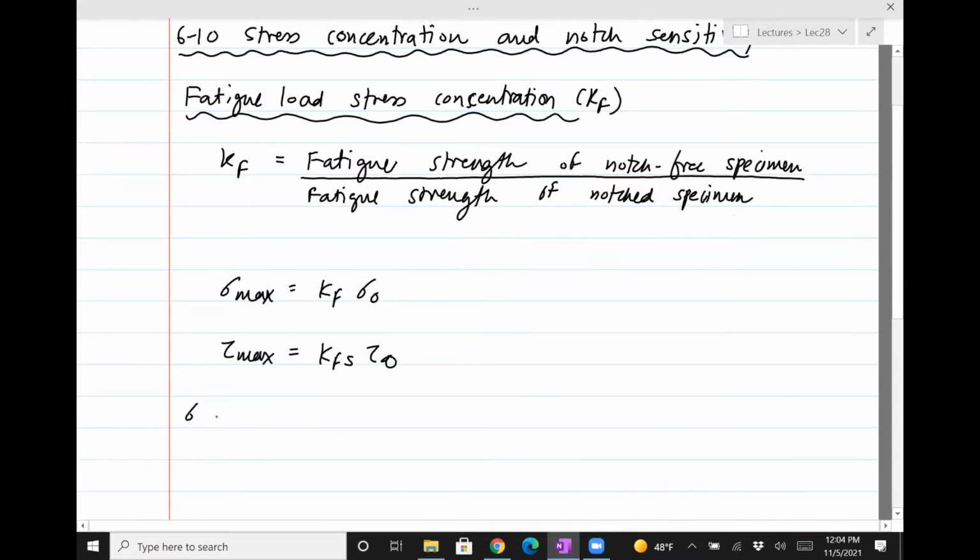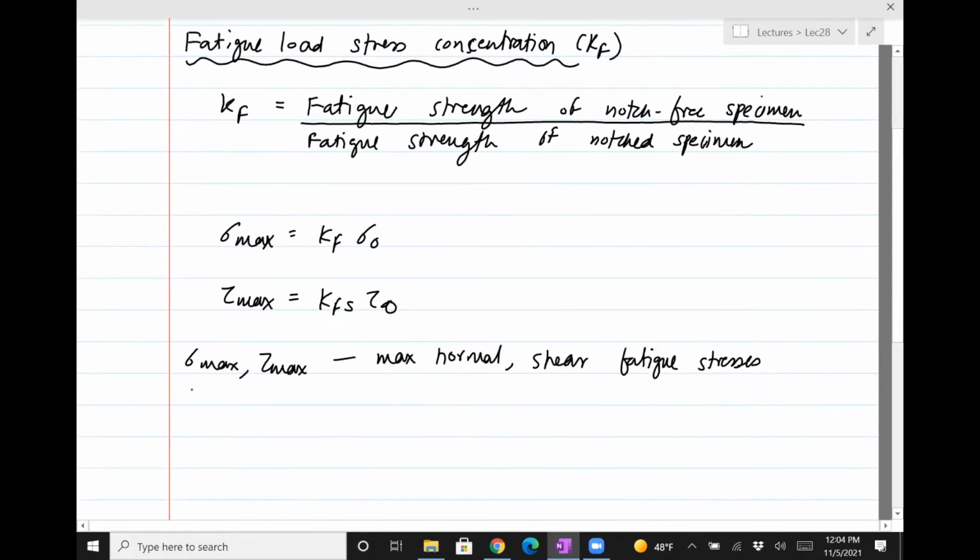So sigma max, tau max are maximum normal and shear fatigue stresses, and sigma 0, tau 0 are just the normal or the nominal, whatever you would like to call them, shear fatigue stresses.